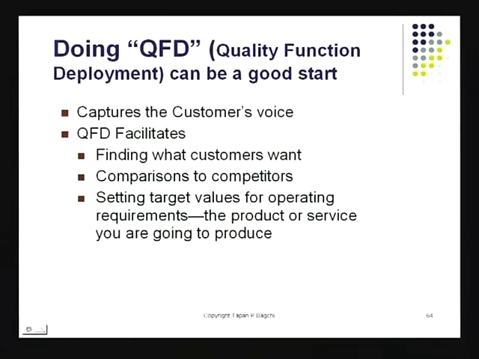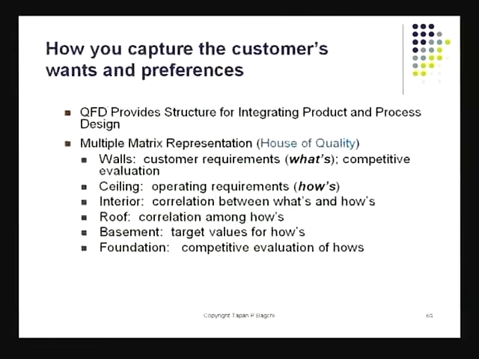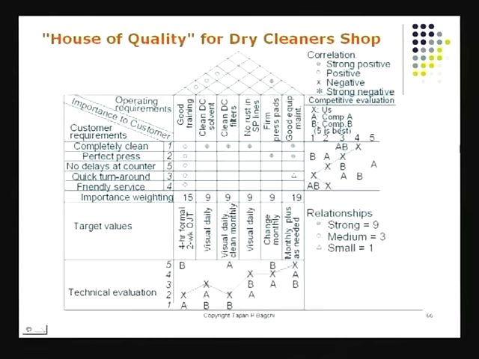Let me jump a few slides here. Let me go to an example, and you'll notice how this is to be done. Let's say somebody wants to set up a dry cleaning shop on the IIT Kharagpur campus. All he knows is there are enough people here, and if he sets up a dry cleaning shop, he's going to have good business.